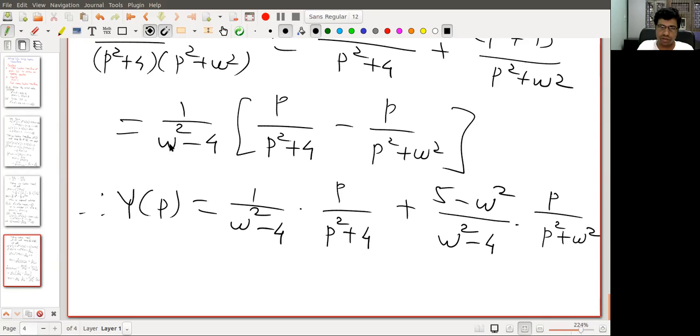Okay, note that omega square is not equal to 4, so this is valid. In the denominator we have omega square minus 4.